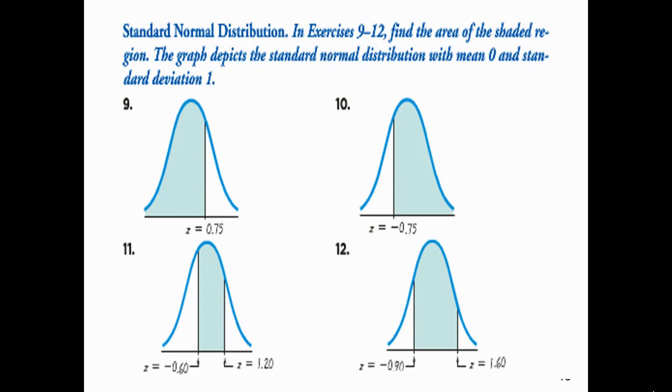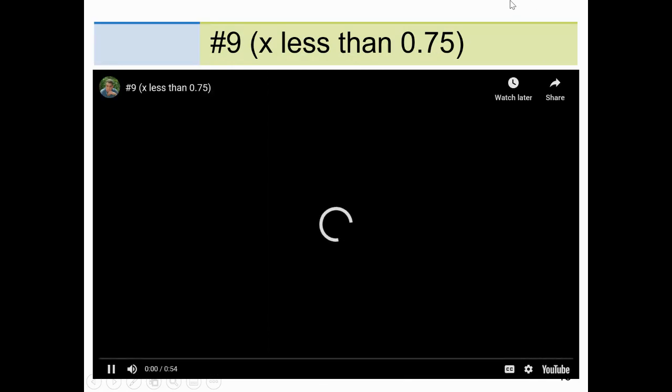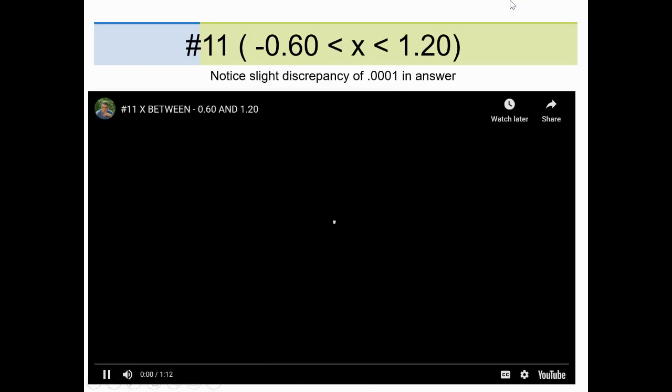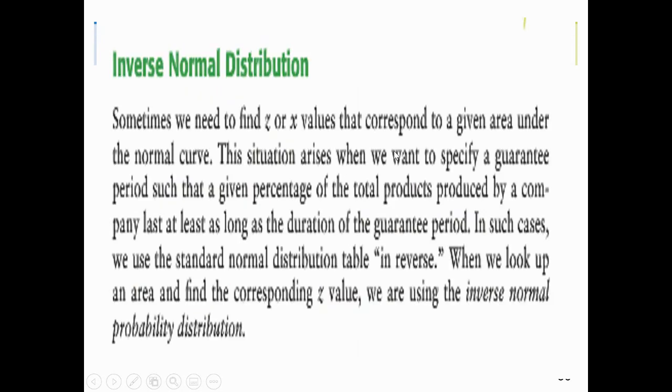But be aware that at some point in time, you're going to need to know how to get this without your calculator. So that's the first one that I do, the second, and the third. And that's how they did it with the chart. You may want to practice this. Take a look at these. Find out how he did it with pencil and paper.